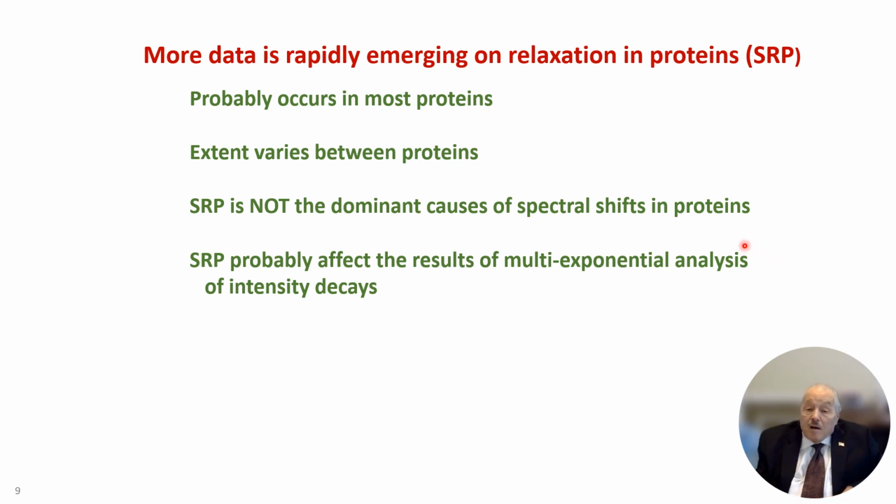It's not the dominant cause of spectral shifts, but it almost certainly affects the multi-exponential analyses that are being done, especially when you're looking for small changes in one or two of the components. They're almost certainly affected by this relaxation process.